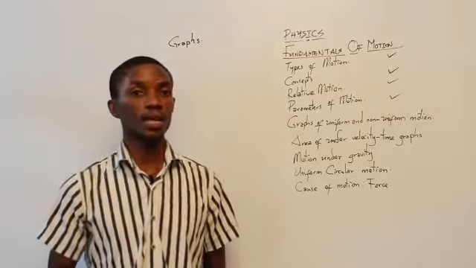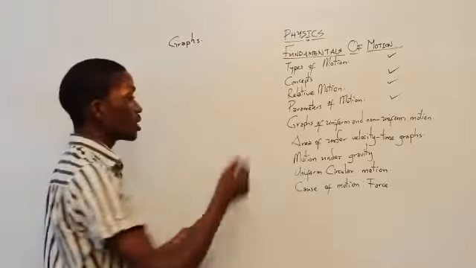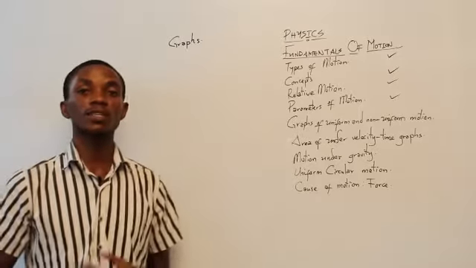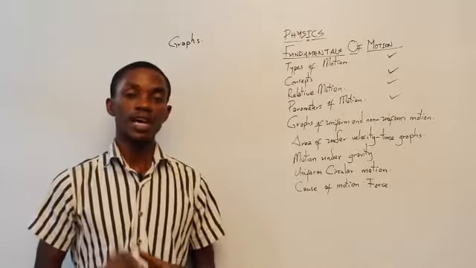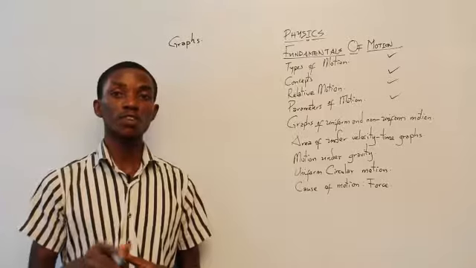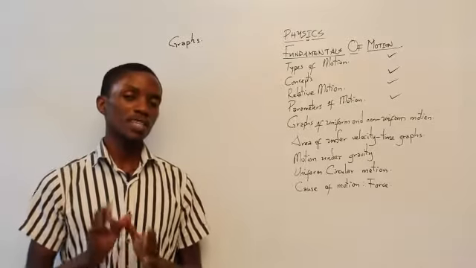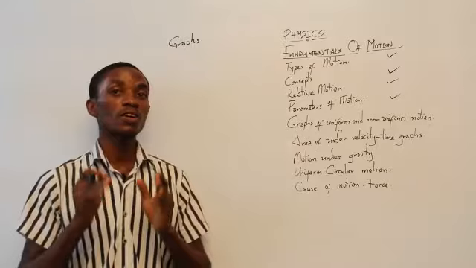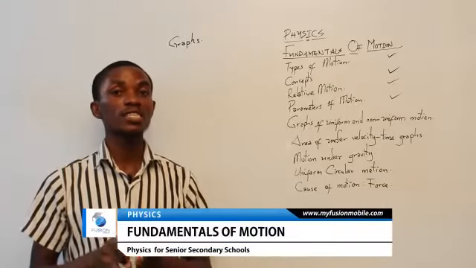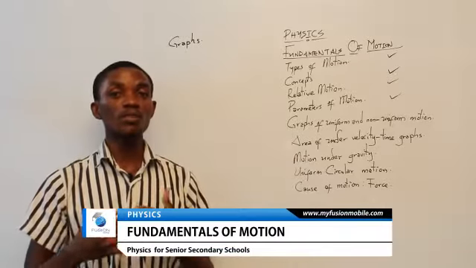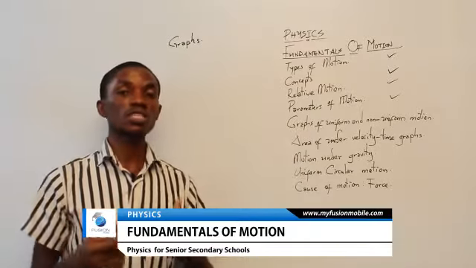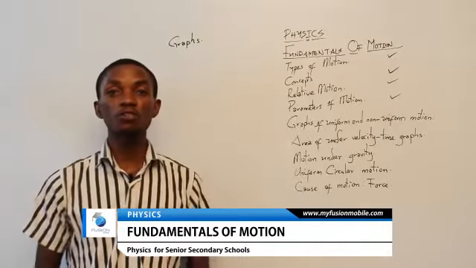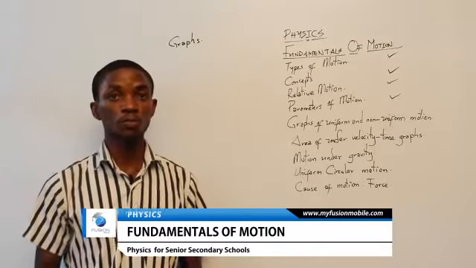Let's take some examples. We have two types of graphs that we will look at. The first is the distance time graph, and the second is the velocity time graph. Taking note of the distance time graph, there are certain very key indicators that show us whether it is a uniform or a non-uniform motion.